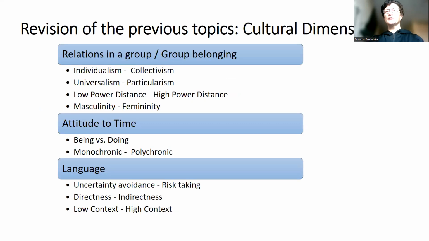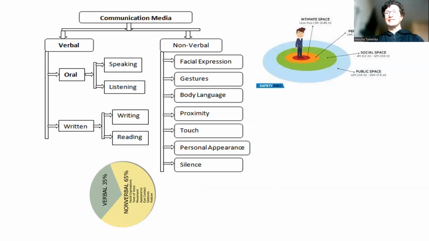Later we talked about the cultural dimensions, and by understanding them, we started understanding how different cultures are in many aspects. They are relations in a group, attitude to time, and language. That is very important, so that we could understand that communication is not just a talk.